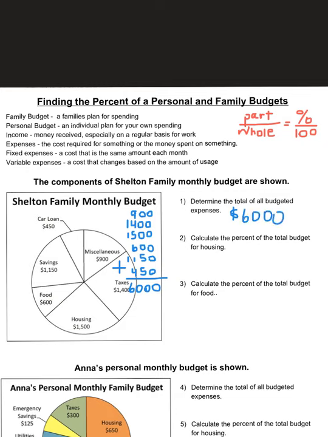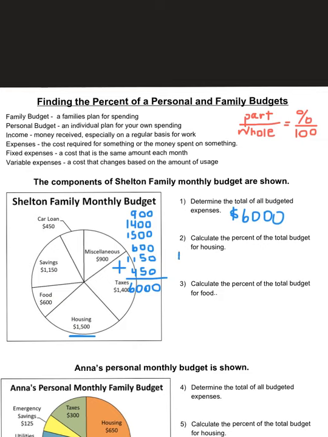When we get to number 2, it says to calculate the percent of the total budget for housing. So we're going to look at the pie chart and find housing. We have $1,500 for housing. We will set up a proportion, unless you know some other method, but the amount for housing is the part.